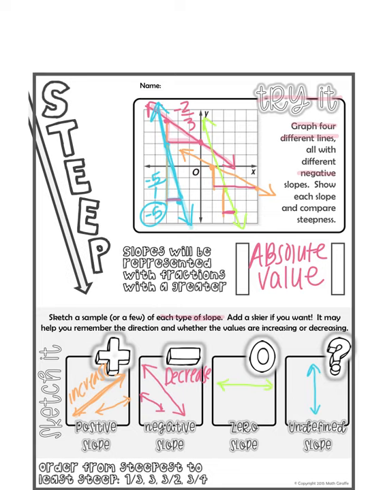And then for my green line, I went down 1, 2 over 1. So that means my slope here is -2.